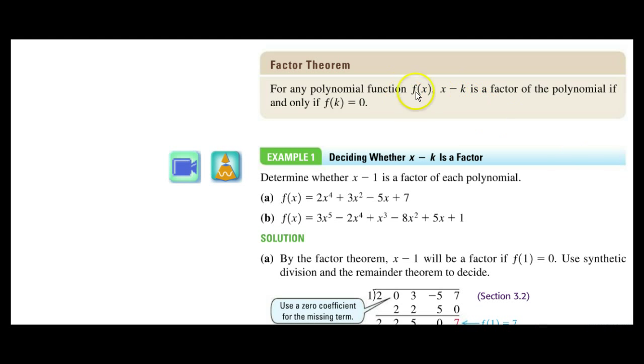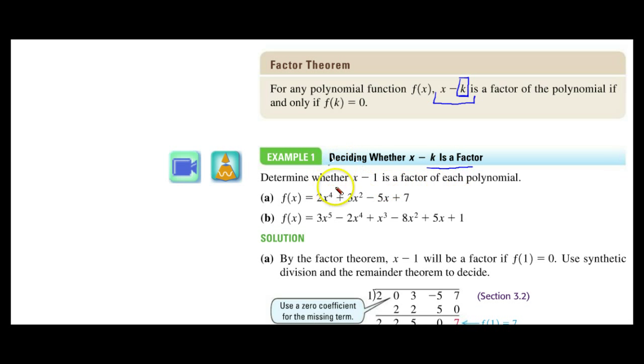Now, this will tie in to what we've just done in the previous section: if we were using synthetic division to find out whether our factor of k was equal to 0, that is, our remainder was 0, we then have k as a factor.